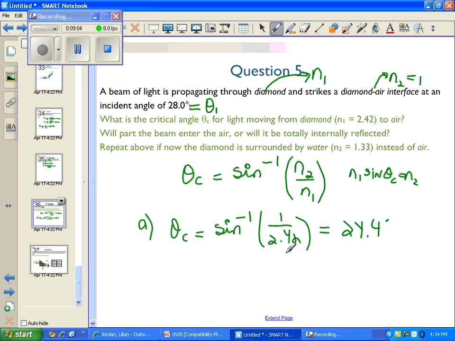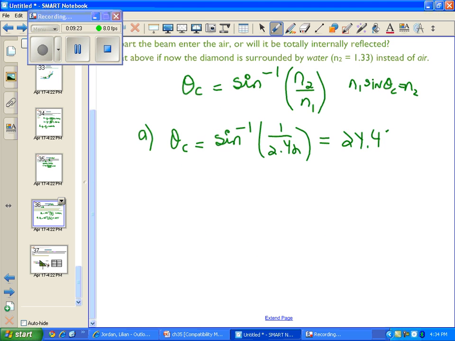Well, the next question says, will this incident beam, the one that comes in at 28 degrees to the normal, enter into the air, in other words, transmit to the air, or be totally internally reflected? If you recall, the condition for total internal reflection occurs when theta 1 is greater than the critical angle.